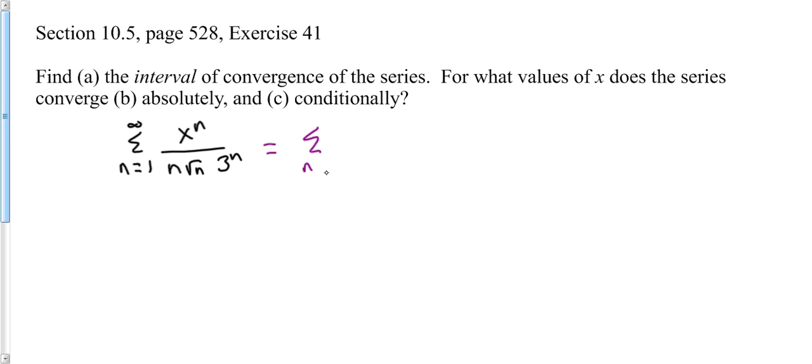the summation from n equals 1 to infinity of the absolute value of x to the n over, and I'm just going to make this n to the 3 halves times 3 to the n. But really, because we know that n goes from 1 to infinity, n to the 3 halves and 3 to the n are both going to be positive for all values.